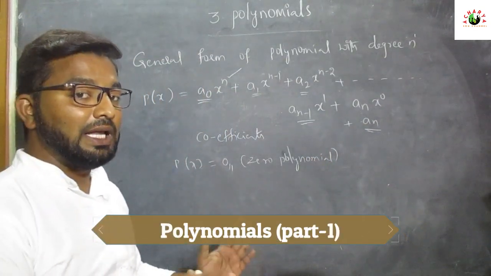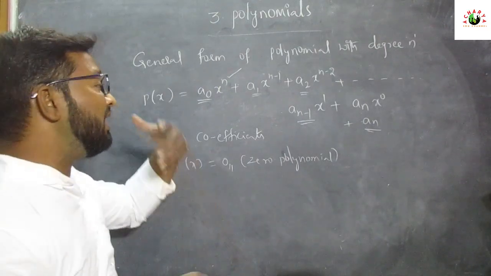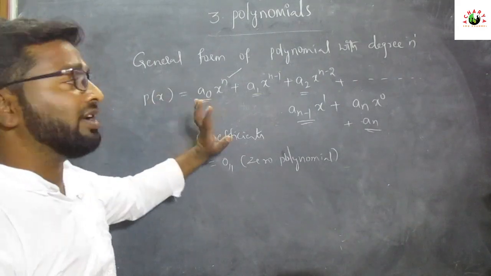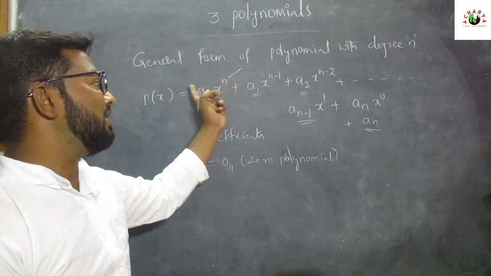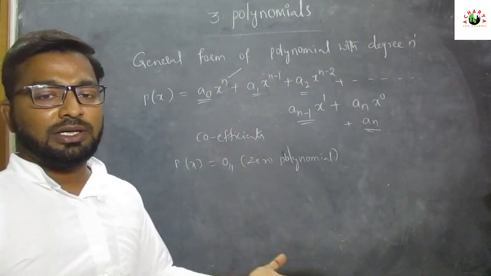What is the condition? Only if all the coefficients are equal to 0 is the given polynomial a zero polynomial. Otherwise, this is the general form of a polynomial with degree n. Why degree n? The highest power of the variable is called the degree. The degree here is n. Clear? Okay.